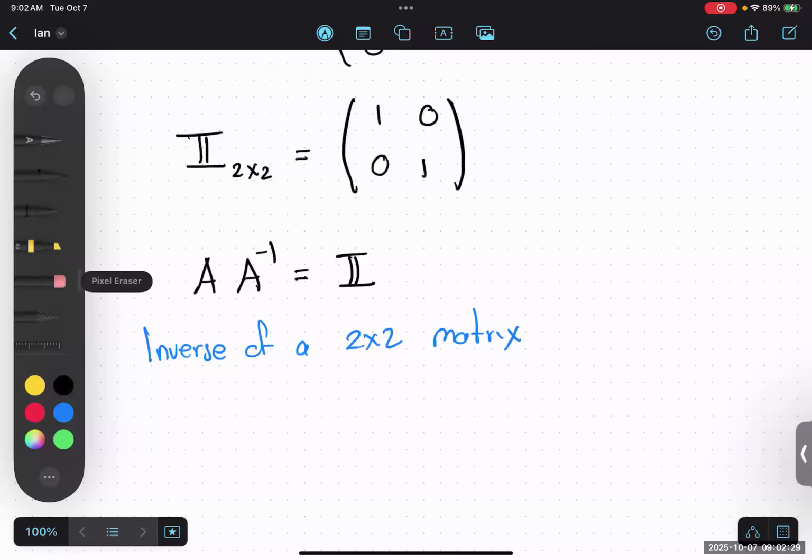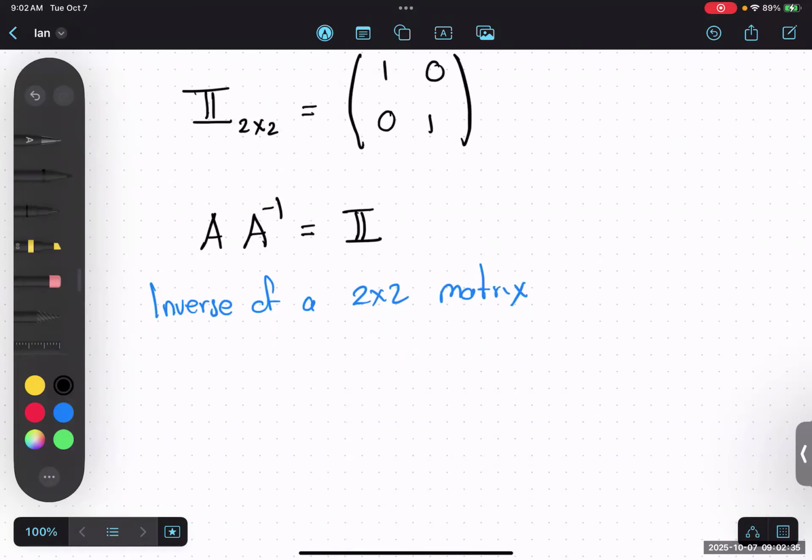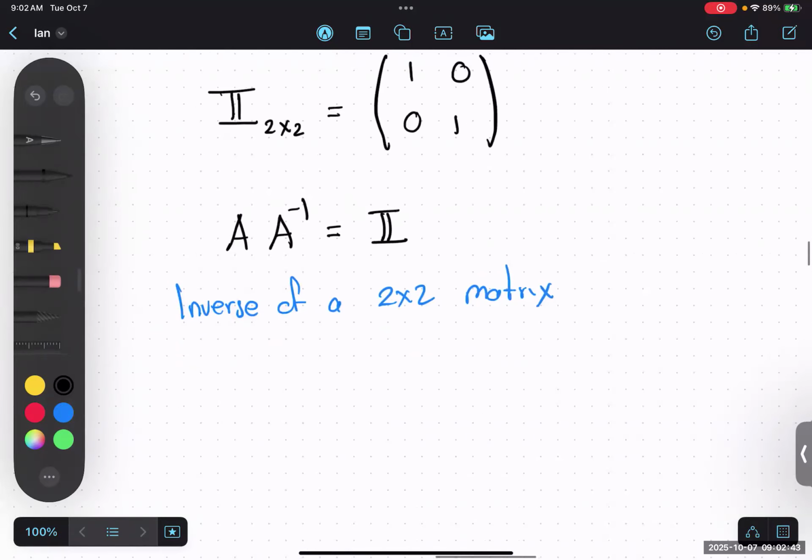This will give you the idea. The actual process to invert any matrix of higher dimension is a little bit more complicated, but for the easy case of the 2 by 2 matrix, it's as follows.